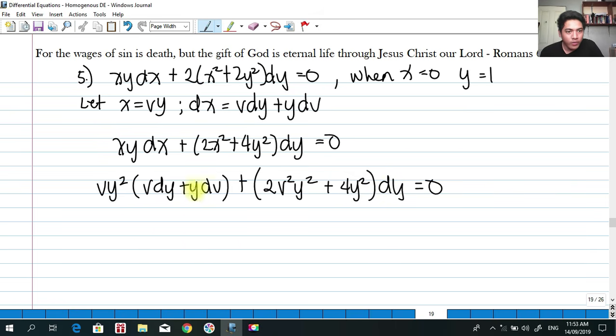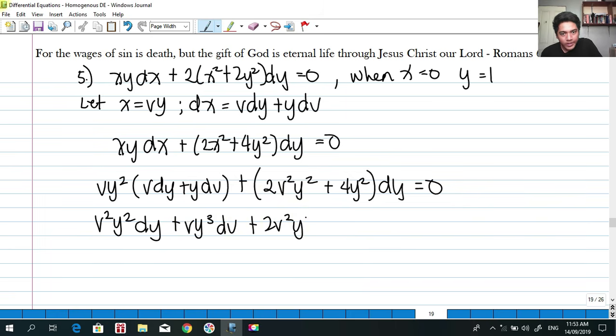If I multiply this by this, vy squared times v dy is v squared y squared dy, plus vy squared times y dv is vy cubed dv, plus 2v squared y squared dy plus 4y squared dy is equal to 0.